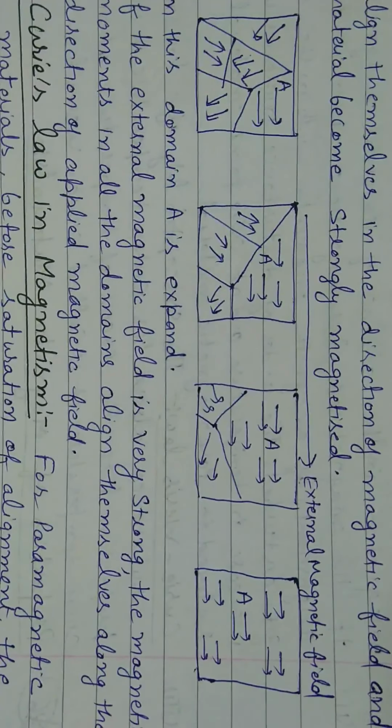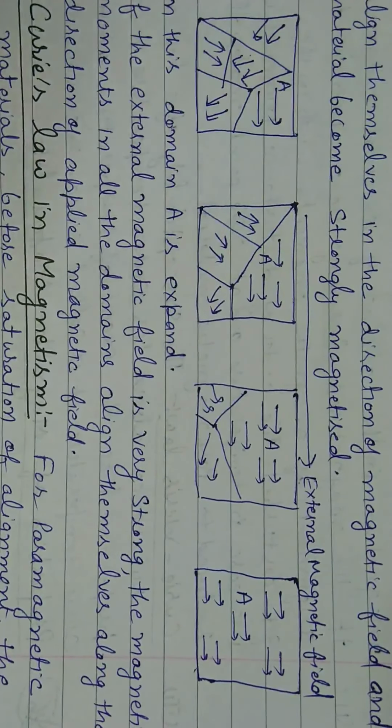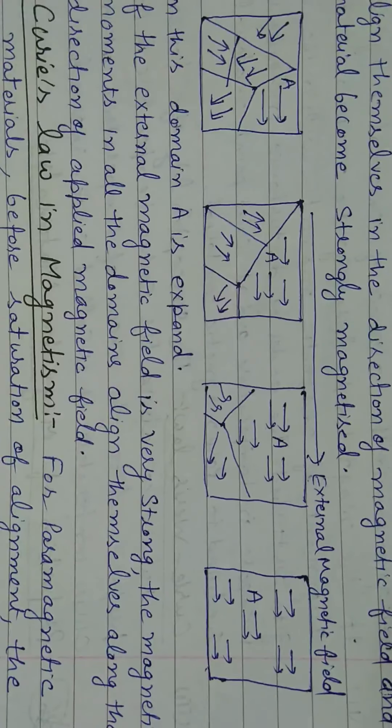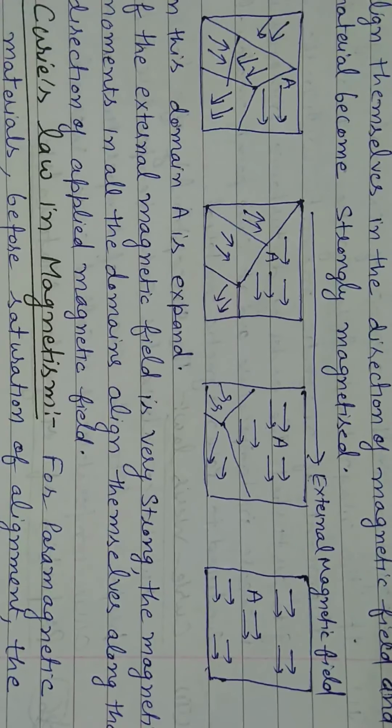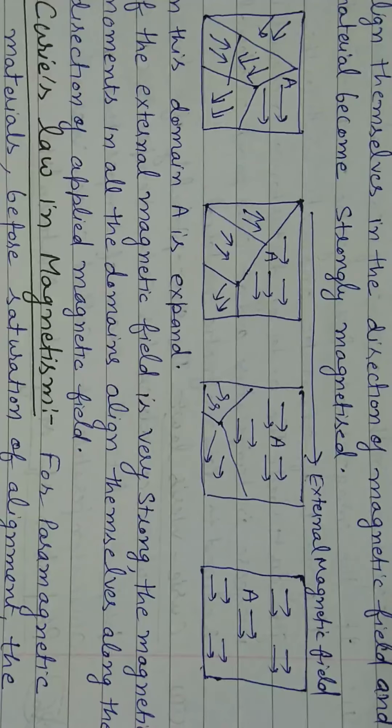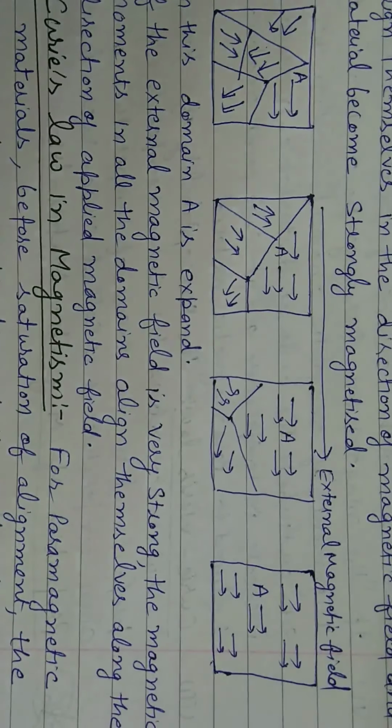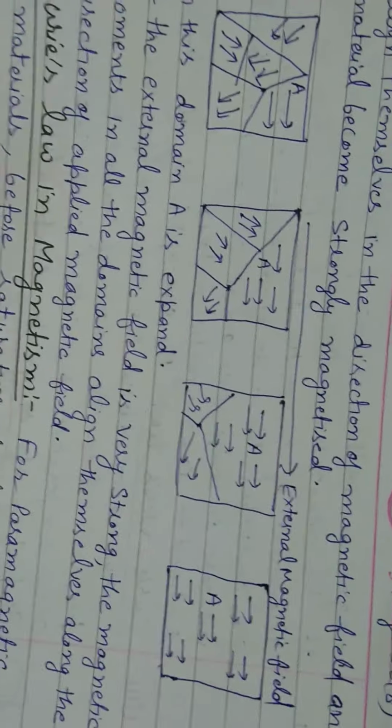So on the electron theory basis, diamagnetism comes from paired electrons, paramagnetism gives saturation at a particular temperature, and ferromagnetic materials have domain forms, and the applied field will make the materials magnetized.